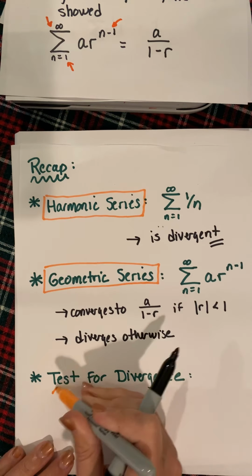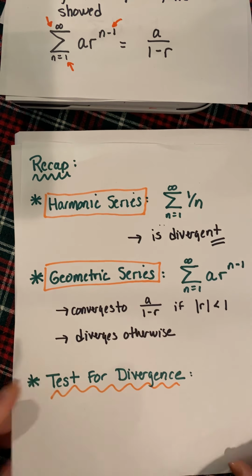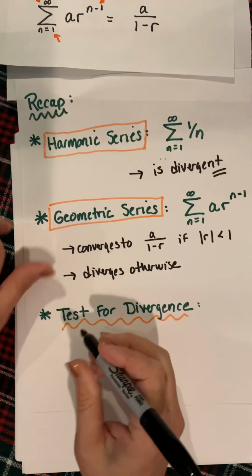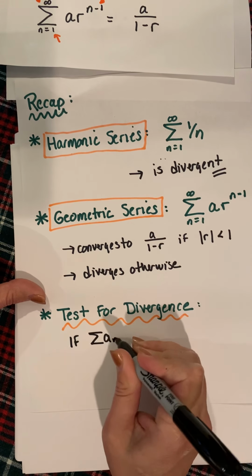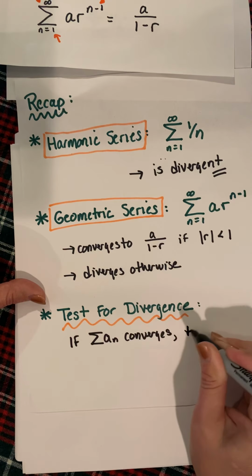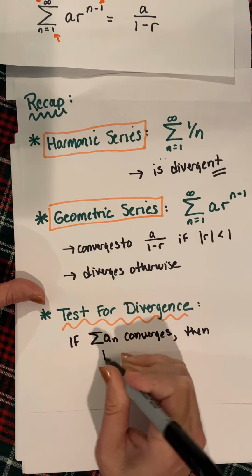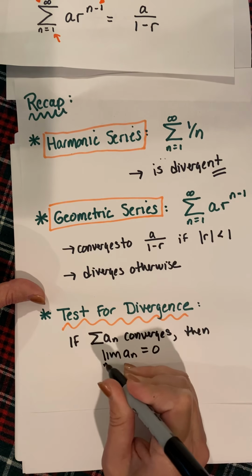And then we talked about the test for divergence. It says if a series converges, then the limit of the corresponding sequence must equal 0.